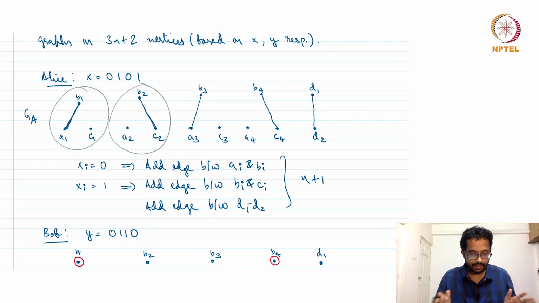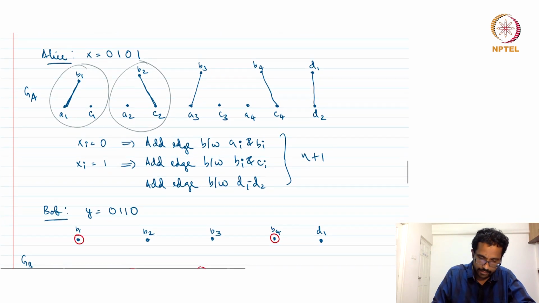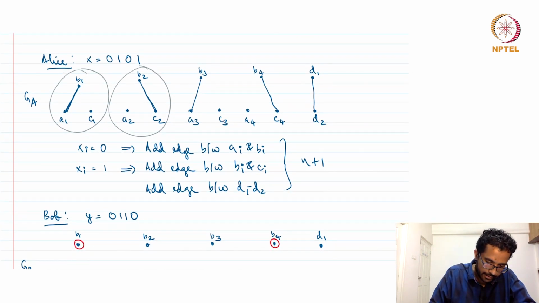In fact, the graph itself is just a perfect matching, with a lot of vertices without any edges. So x is 0, 1, 0, 1. You connect A1 and B1, but the second bit is 1, so you connect B2 and C2. The third bit is 0, so you connect A3 and B3, the fourth bit is 1, you connect B4 and C4, and finally you connect D1 and D2.